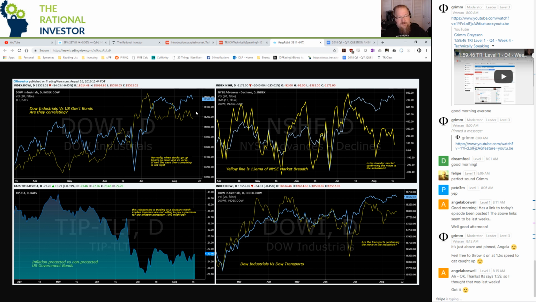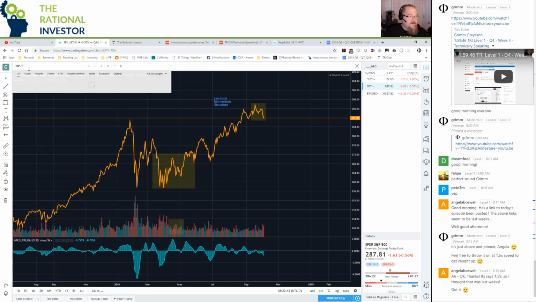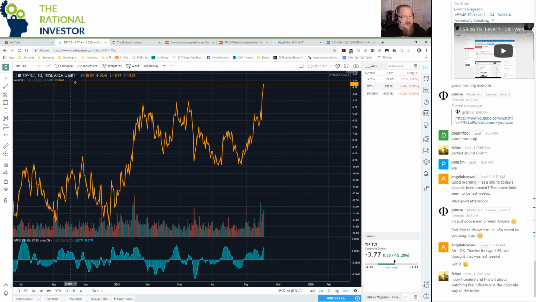Are they at odds with each other, right? We see the inflation protected versus non-protected U.S. bonds, right? TIP versus TLT. And really, this is TIP minus TLT, more specifically, if you want to recreate it. That is a mathematical operator in there, so you can literally type into your ticker, TIP minus TLT, and you will get that.